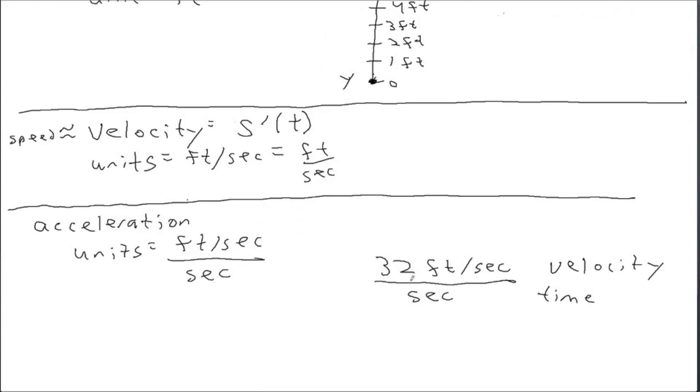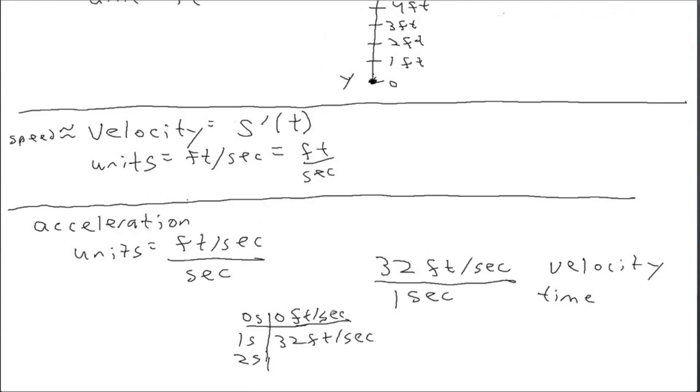For example, on Earth, this is the acceleration due to gravity, 32 feet per second per second. So, for example, if you drop something, well, immediately after you drop it, it'll have no speed because it just got dropped. But then after 1 second, it'll be moving at 32 feet per second.